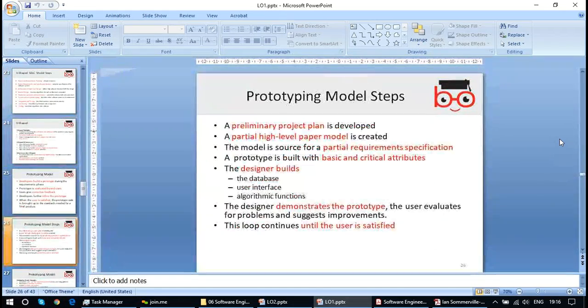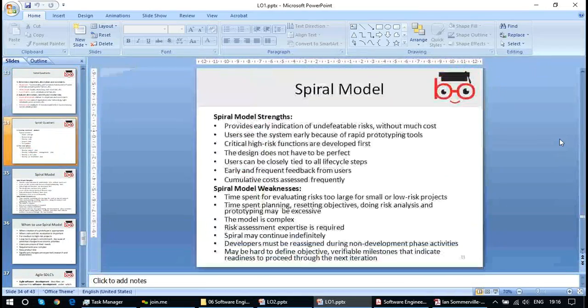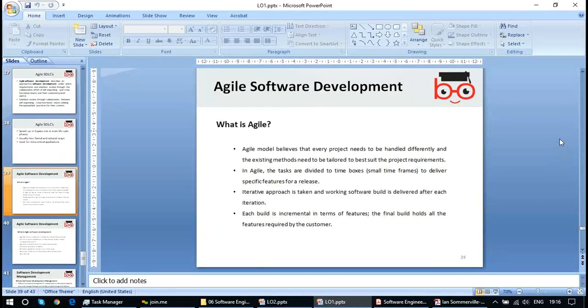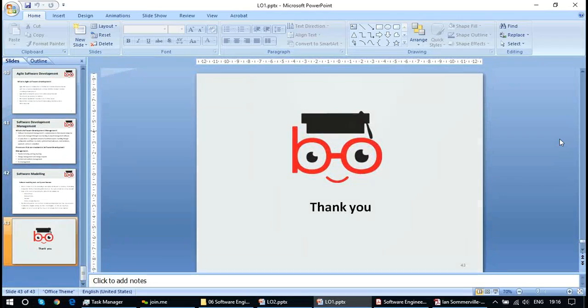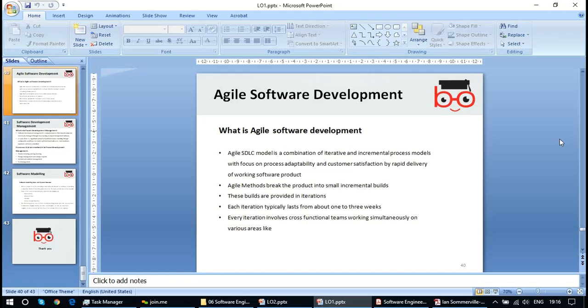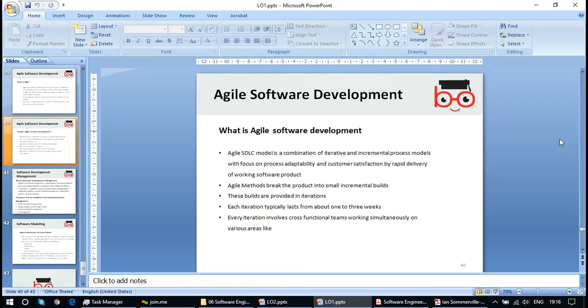After the waterfall and prototyping models, all these methods, we discussed. I think we completed the whole slides. Yeah, I think we did.